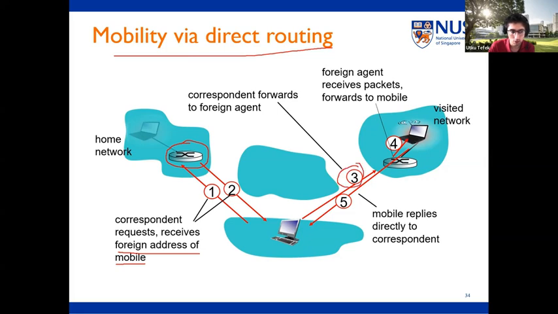Okay, so the only job of the home agent here is to keep a record of where the mobile node is, the care-of address of the mobile node, and then respond to the correspondent's request for that. And again, after the mobile node receives the packets, if it wants to reply, it can just directly send the reply to the correspondent.